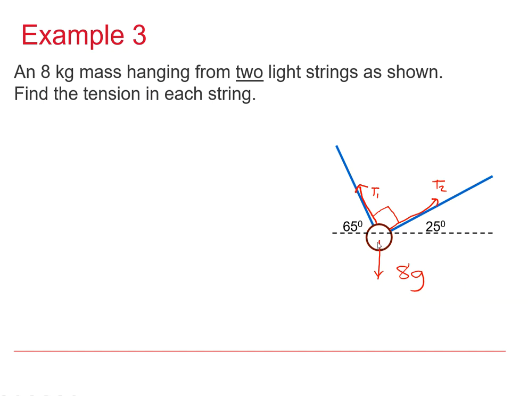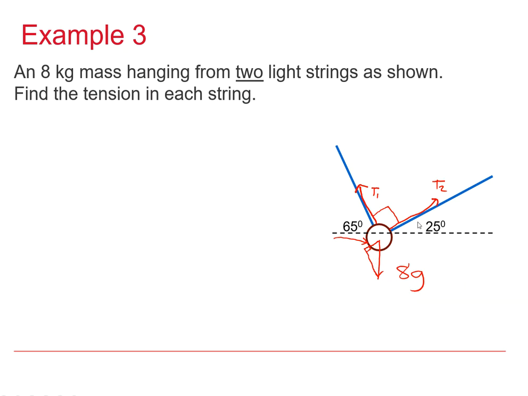If we think about the directions that we're dealing with, we've got this direction and this direction, so I want to form a right angle triangle with those two directions forming the two shorter sides like that. Well, we need to think about what angle we have.